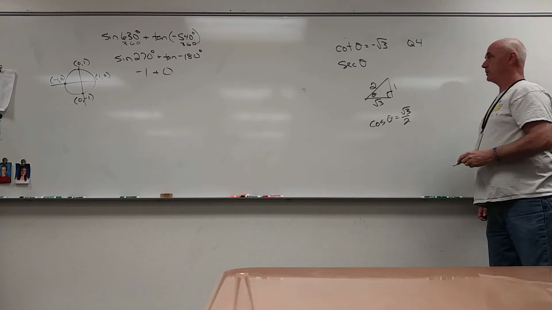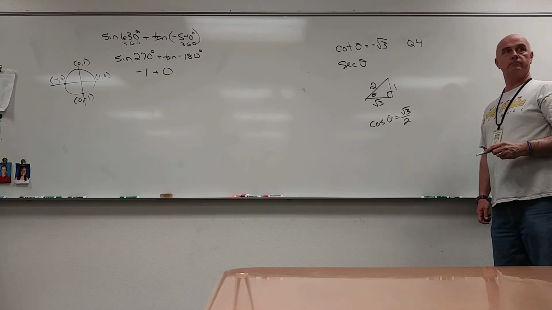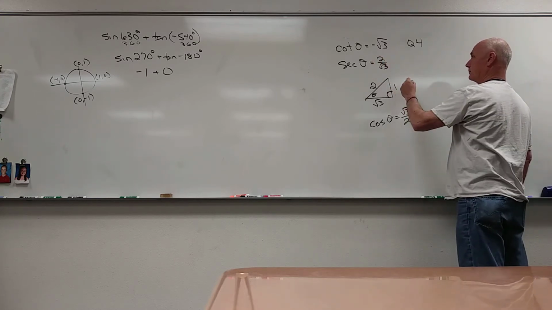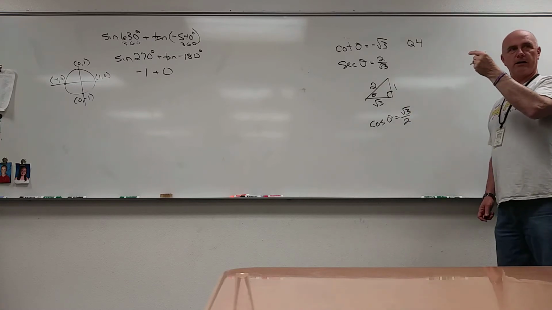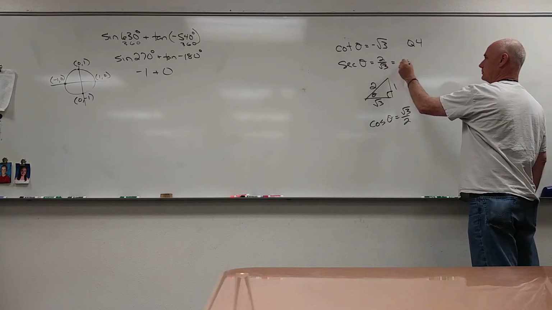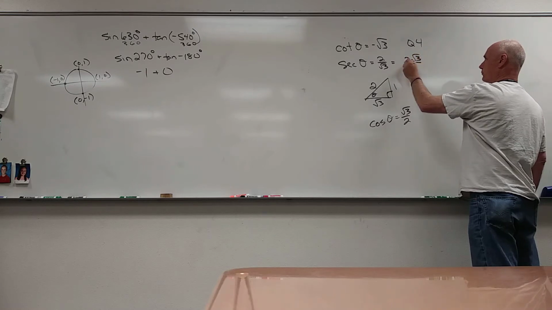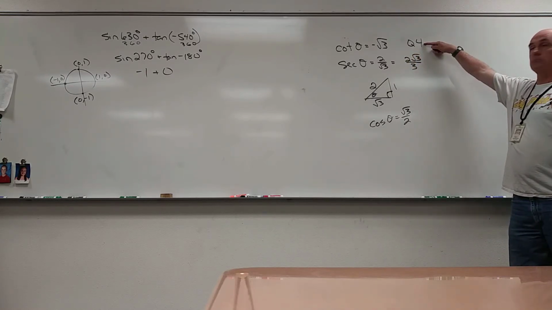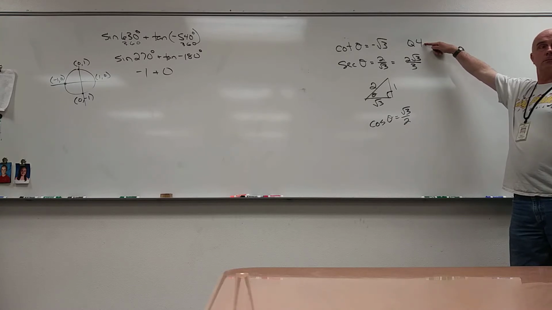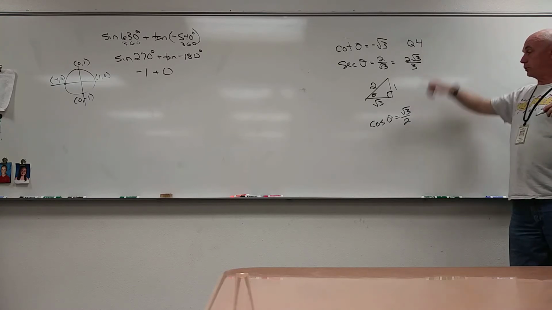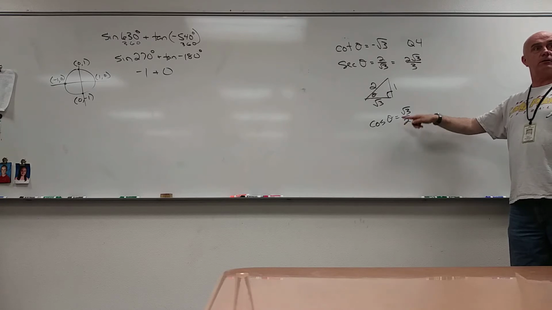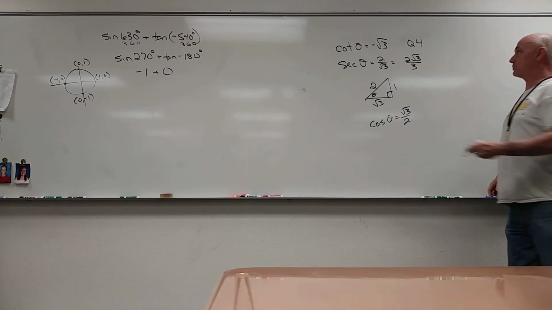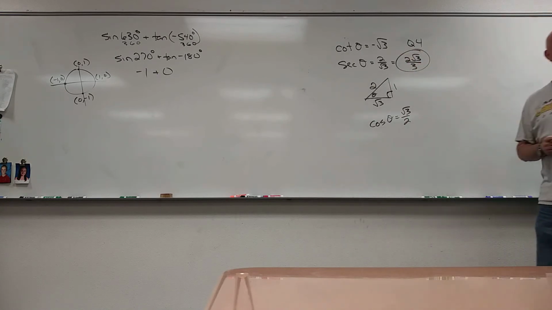So therefore the secant is 2 over root 3, and then we'd have to rationalize, which would give us 2 root 3 over 3. Now, last thing, the quadrant: cosine is positive, so therefore secant is also positive, because the reciprocal of a positive is positive, and so that is our answer.